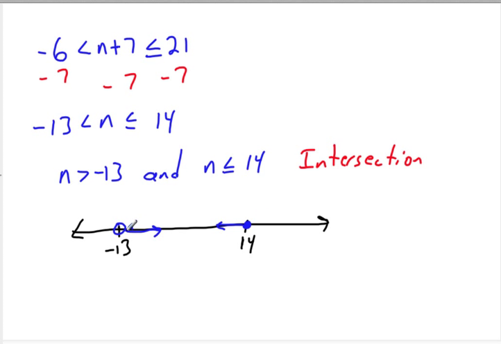But since we have to take both into account, we're just doing the intersection of these two sets, and we get something in the middle there. So you could call this graph the intersection of n is greater than negative 13 with that intersection symbol, and n is less than or equal to 14.